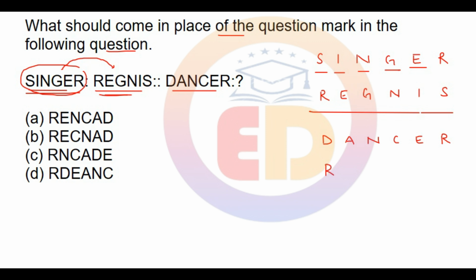It is R, then comes E, then comes C, then comes N, then comes A, and finally D. My answer will be R, E, C, N, A, D when I write the letters of the word dancer in reverse order. Our answer will be option number B.